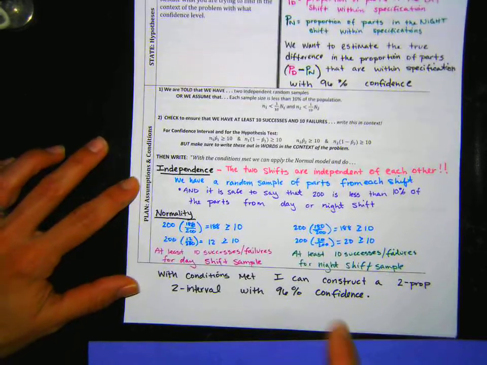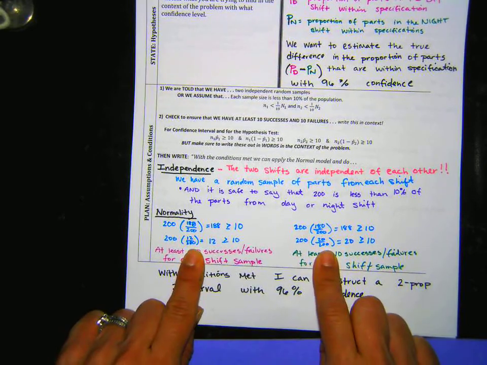It's also helpful and safe to just say that 200 is less than 10% of all the parts from the day or the night shift. Both of the sample sizes were 200, and our sample size is less than 10% of the population. Then we need to check for normality. This is proportions. Don't forget that. Checking for normality for proportions is different than with quantitative data.